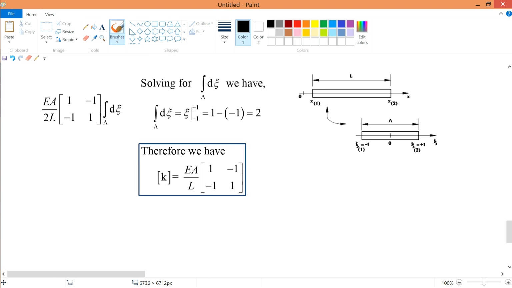Therefore now we're going to have this one ready, which is still your K matrix. You're going to evaluate this thing over here. So we're going to solve this integration, from +1 to -1, because as you can see, the graph is from +1 to -1, which is the lambda over here, which is 2.